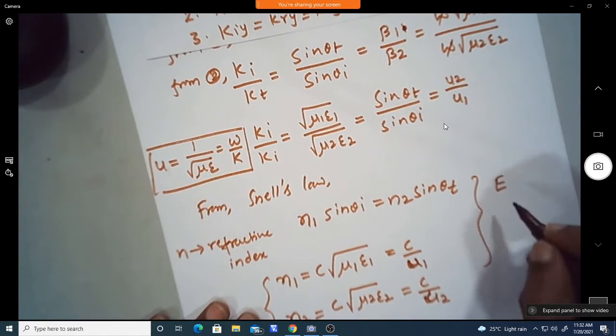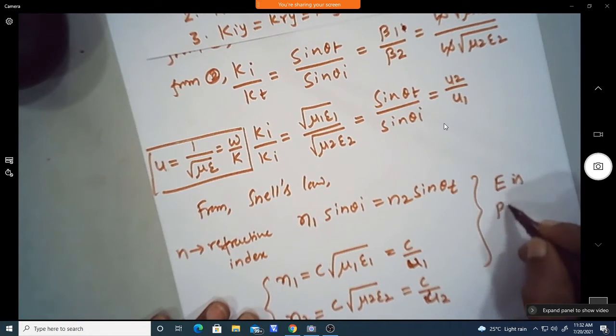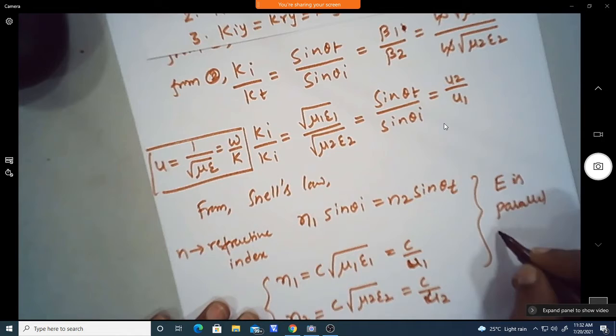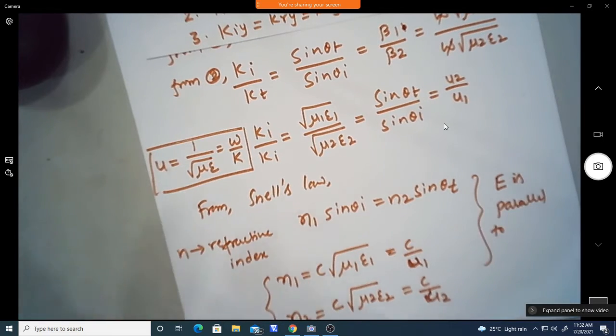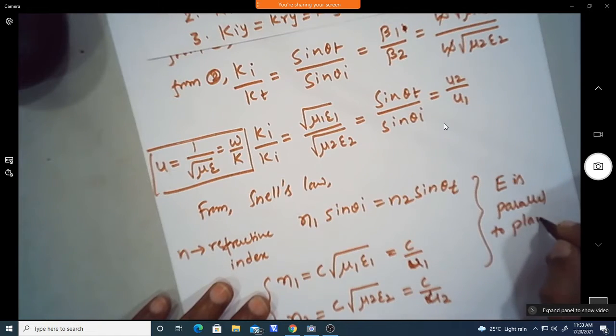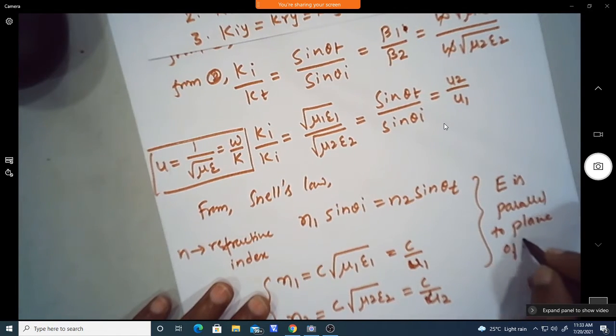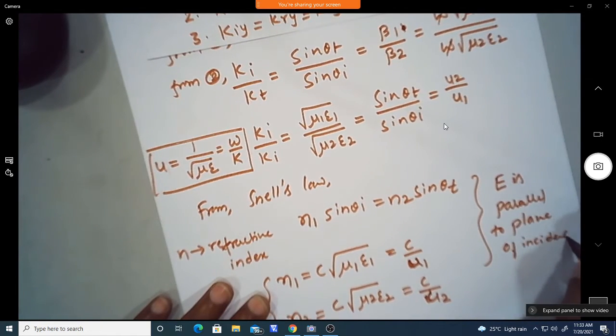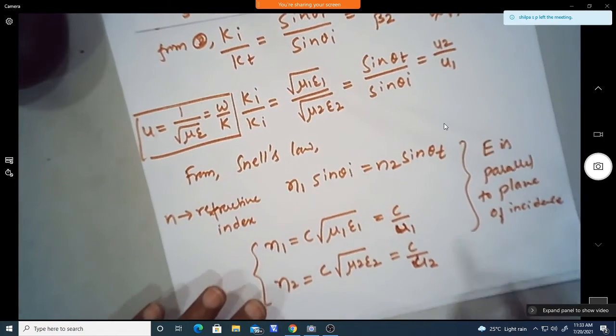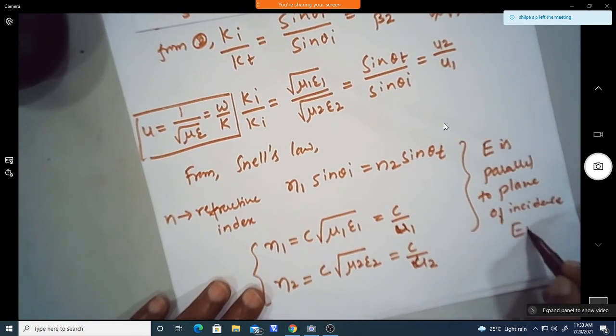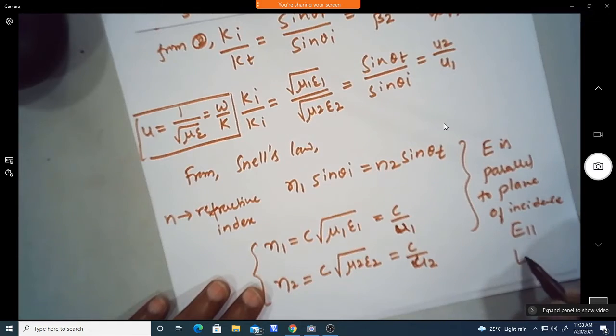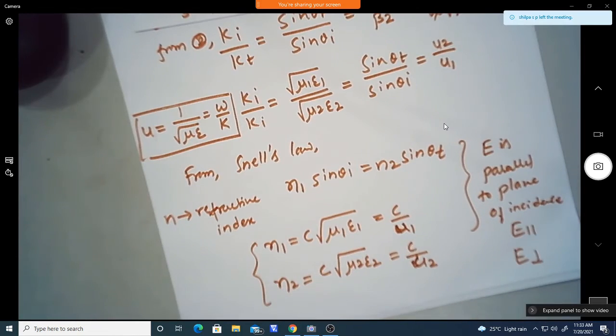When E is parallel to the plane of incidence, which we call E parallel, and when E is perpendicular to the plane of incidence.